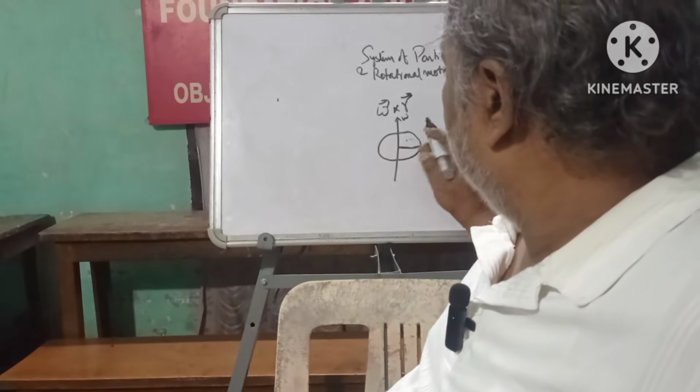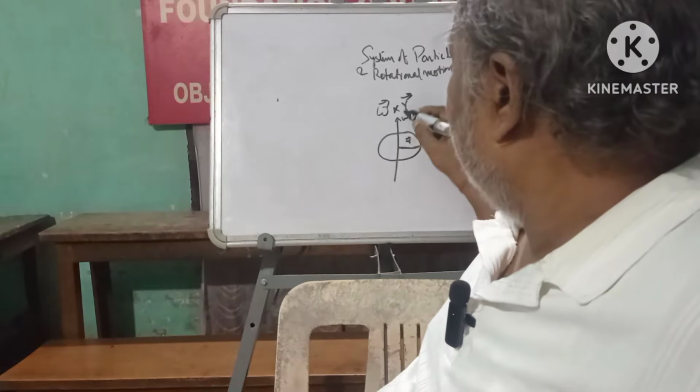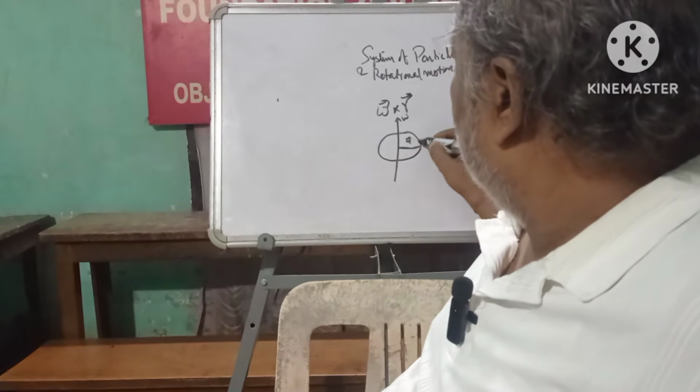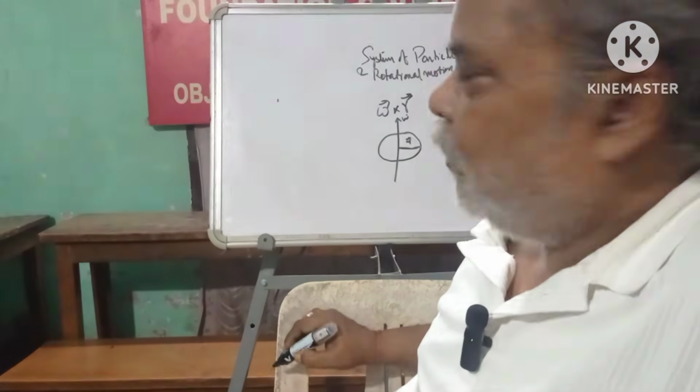This is your r vector, the position vector. This is the axis about which the body is rotating.